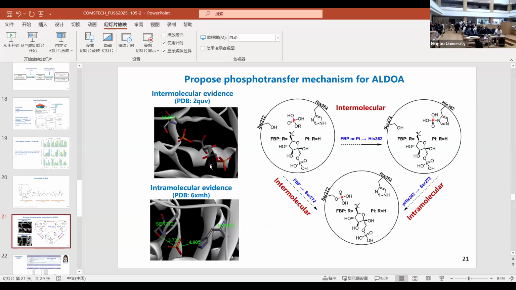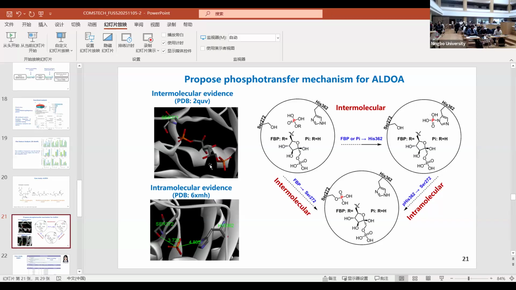The phosphate was captured from the PGM by a serine or a histidine, and then there's a 180 degree flip, and the phosphate is transferred from this enzyme to the substrate.